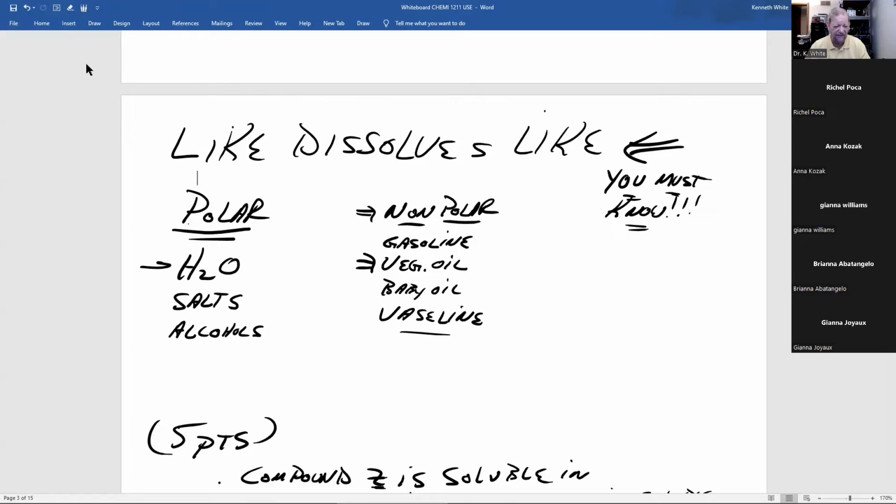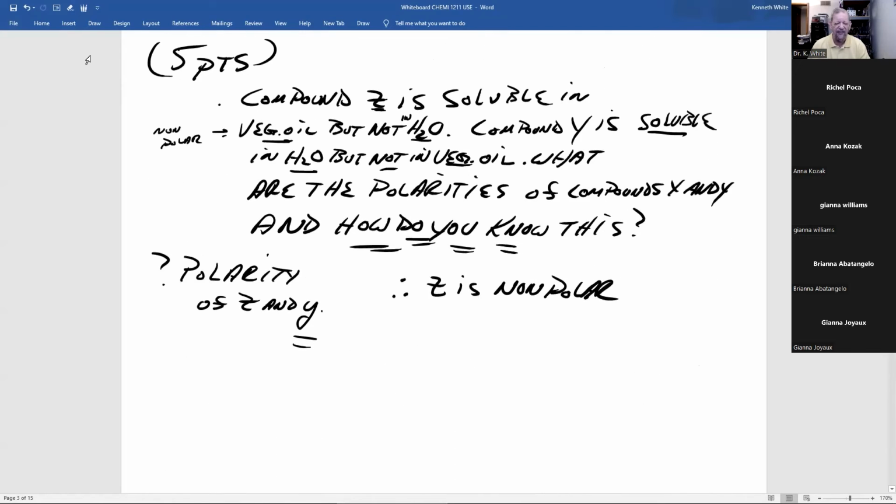Water is polar and vegetable oil is still nonpolar. And like dissolves like tells you things that are polar are soluble, except for some inorganic, for the most part, even our salts, in water. And therefore, since Y is soluble in water, but not vegetable oil, Y is polar. And how do we know this?